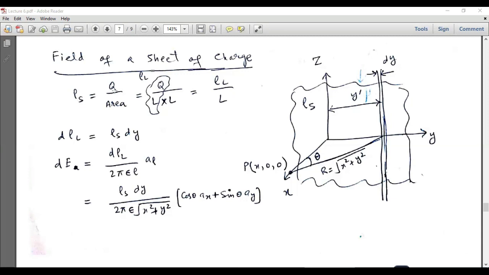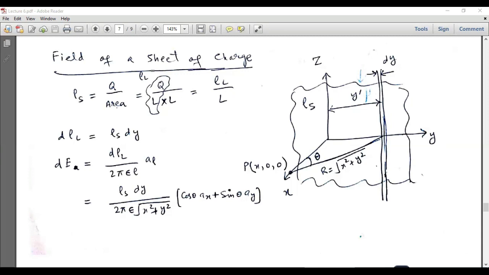So rho s is equal to charge divided by area, and since this is an infinite sheet, the charge is distributed along my y-axis from minus infinity to plus infinity, and along the z-axis from minus infinity to plus infinity.